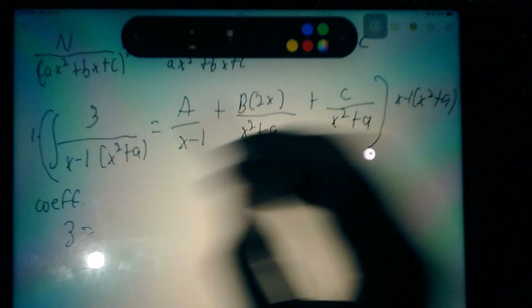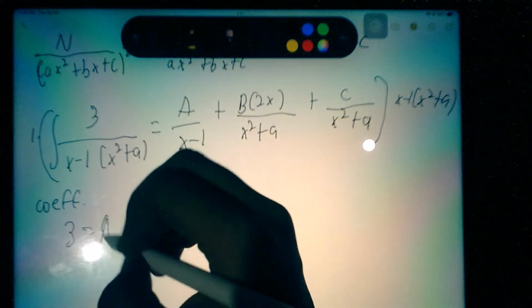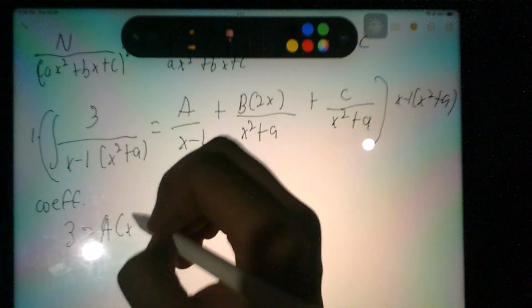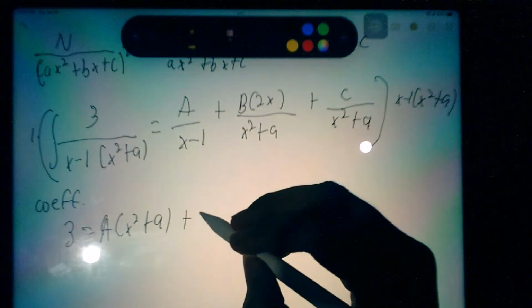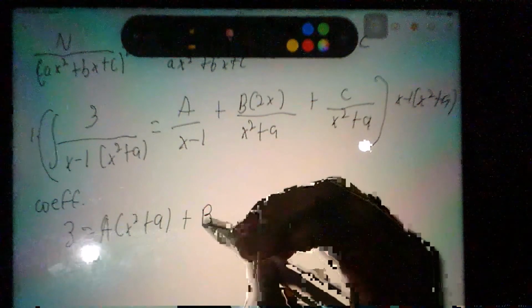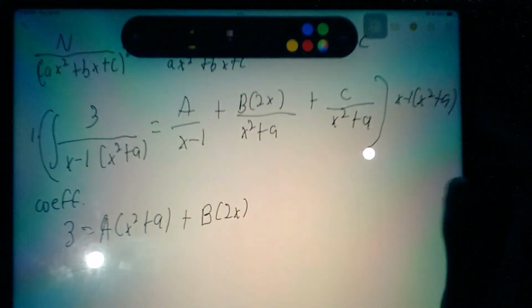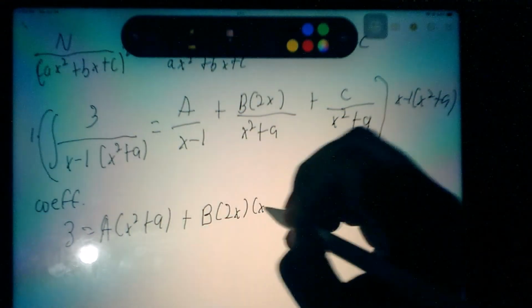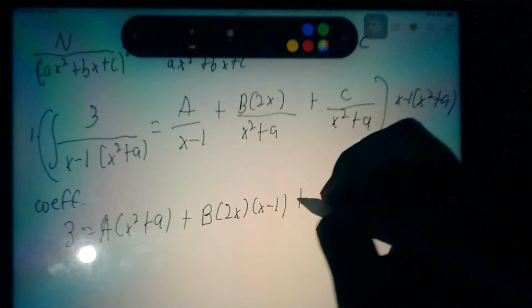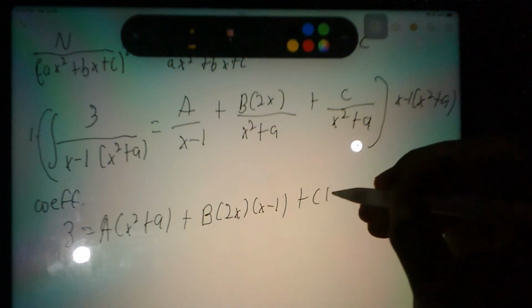So what we'll have is 3 equals, x minus 1 will cancel out, this will become a times x squared plus 9, plus b, the x squared plus 9 will cancel out, so what we'll have is x minus 1, plus c and x minus 1.